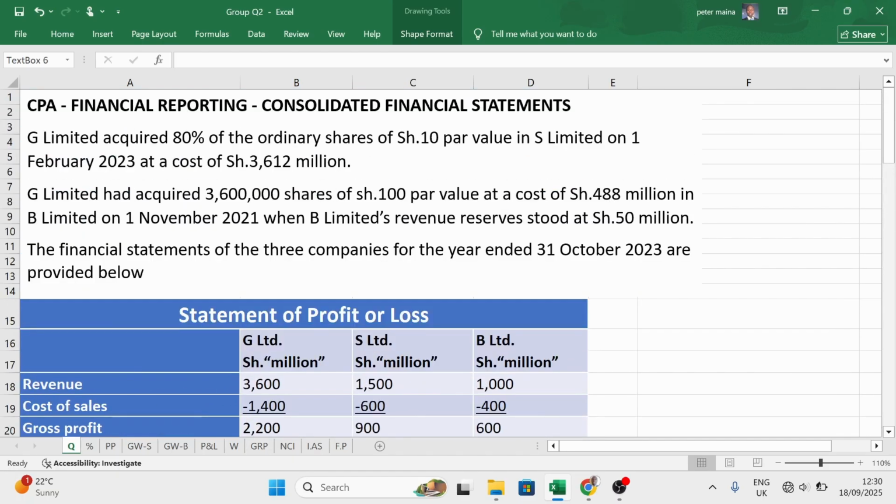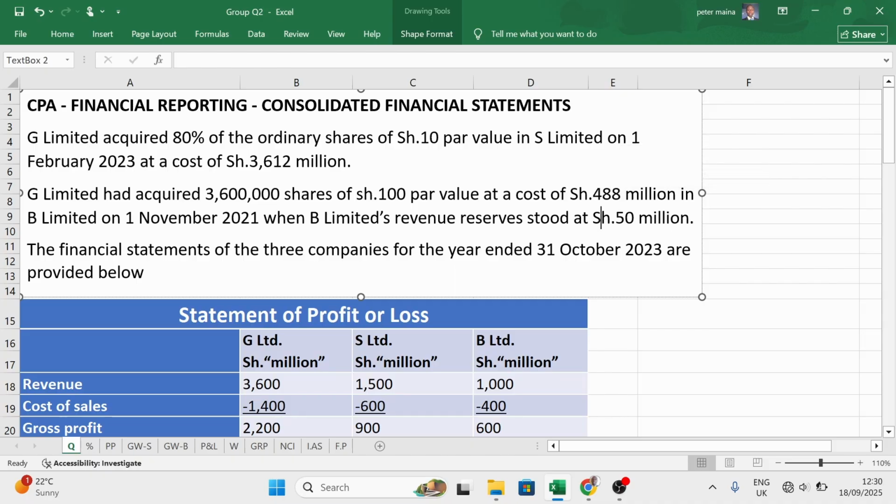So we are supposed to deduct the cost of investing in S Limited, that is 3,612. We are supposed to deduct that. We are also supposed to deduct the cost of investing in B Limited, 488 million.